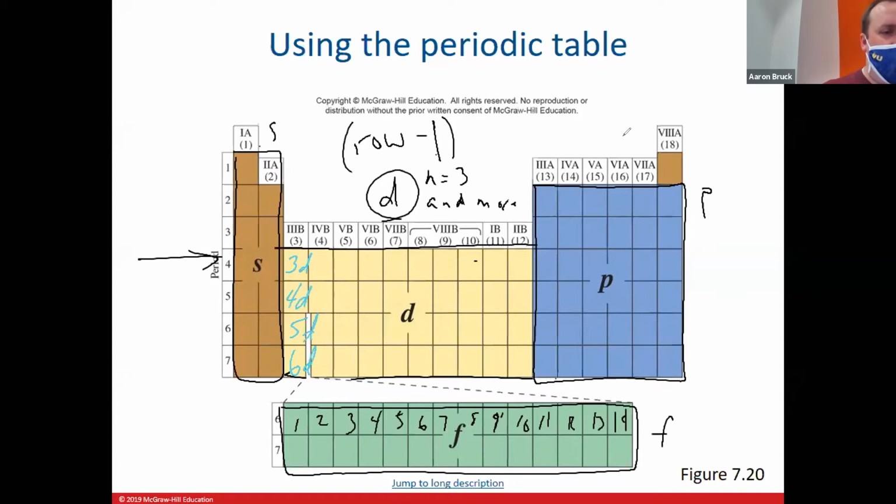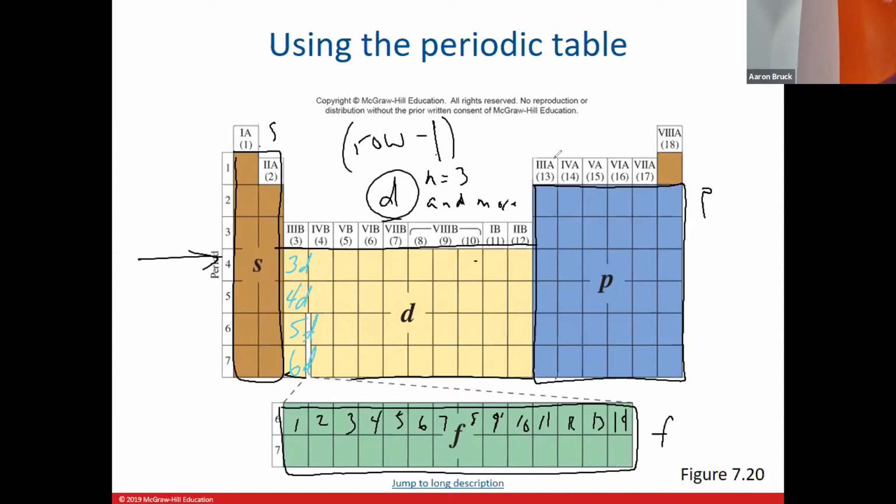When it comes to F, that gets a lot more complicated. Again, we know that the F orbitals, the F sublevel, starts showing up in the 4th energy level, but the spike in energy required to put electrons in that 4th energy level means that we actually can slide a number of different other orbitals in between.